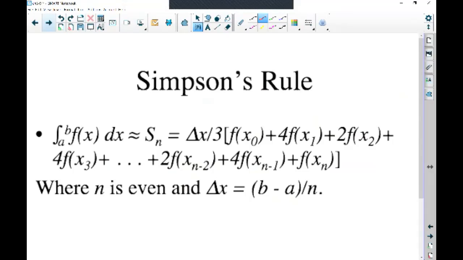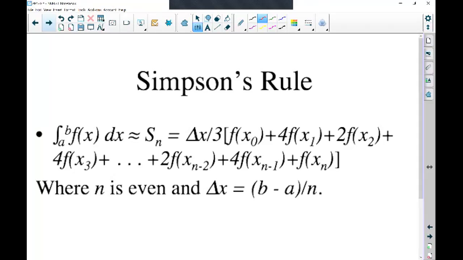And it alternates that 2, 4, 2, 4, 2, 4 until we get to our 2 times f of x sub n minus 2, so our third to last function value, plus 4 times our function at x sub n minus 1, so that's our second to last function value, and then plus our function at our last x value, x sub n.